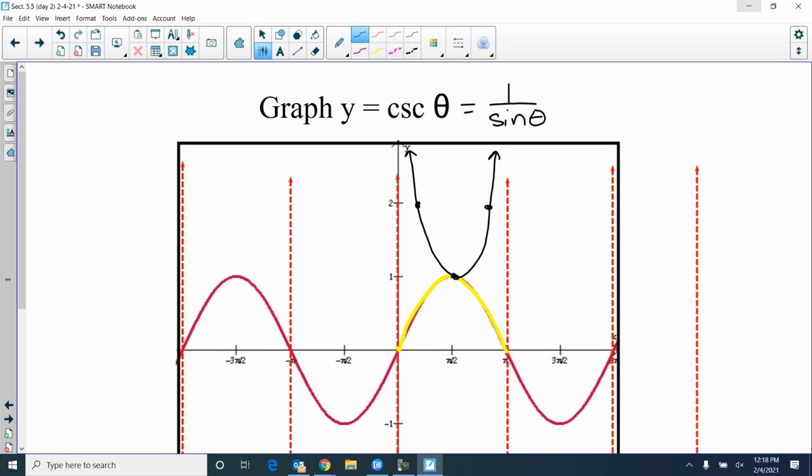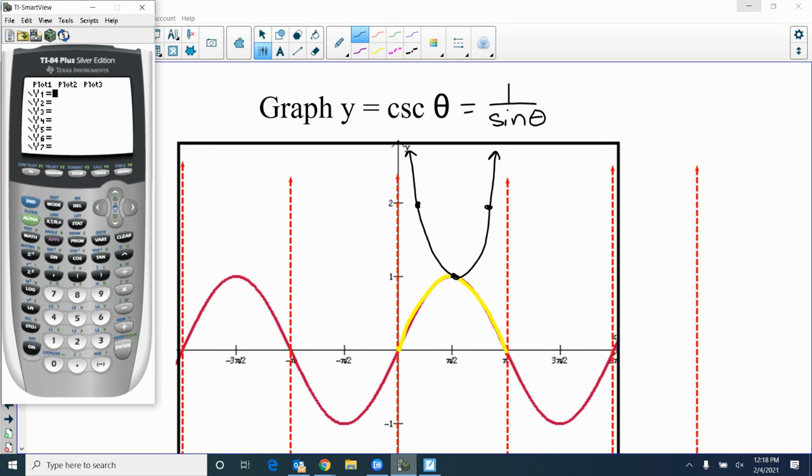Now, on your calculator, if I wanted to graph this, how would I graph it? Where's my cosecant button? Okay, I do 1 over sine. So I do 1 divided by sine. Now you watch whether you're in degrees or radians. I set this up so it would work. Sine of x. And if I hit graph, okay, that's what you're going to see.